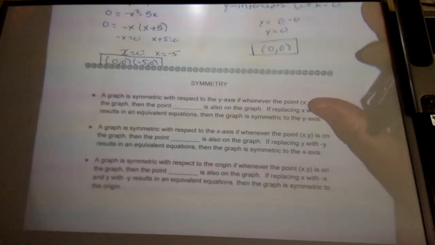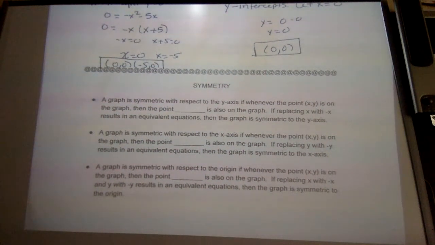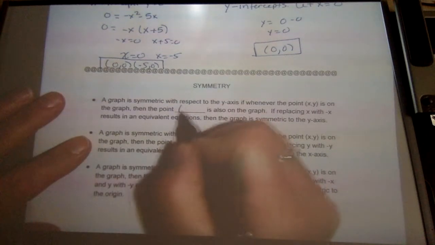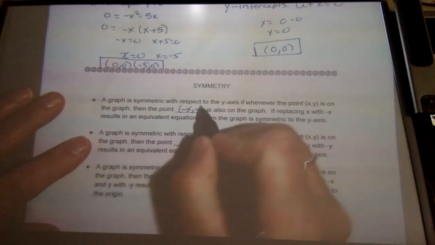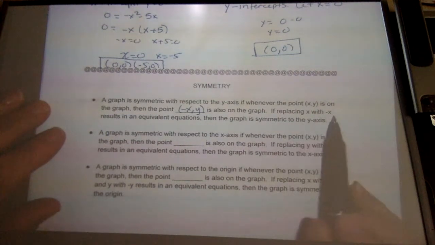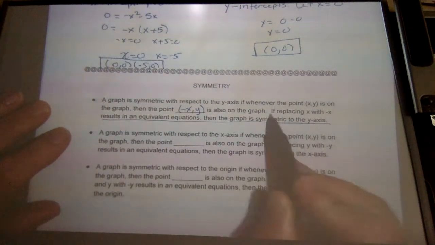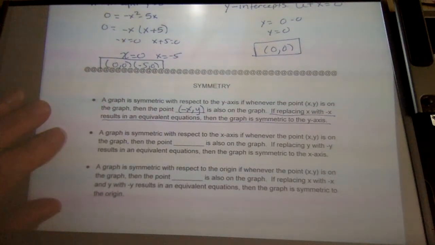All right, let's look at symmetry then. A graph is symmetric with respect to the y-axis if whenever the point (x, y) is on the graph, then the point (negative x, y) is also on the graph. If replacing x with negative x results in an equivalent equation, then the graph is symmetric with the y-axis.